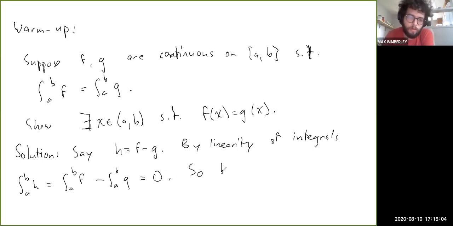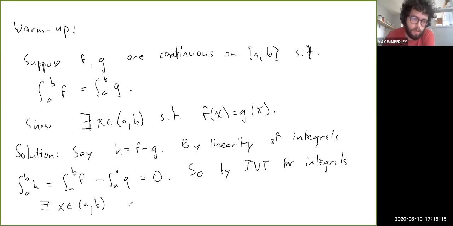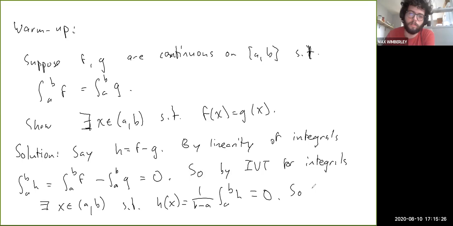So by the intermediate value theorem for integrals, there exists an x in [a, b] such that h of x is 1 over b minus a times the integral from a to b of h, which is 0, right? So f of x equals g of x for this x, right?